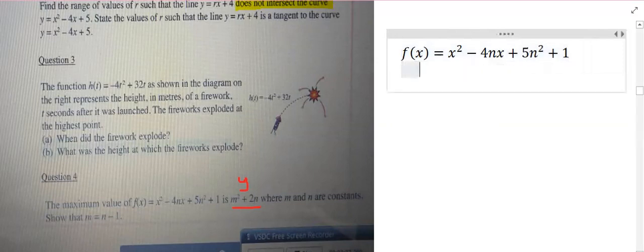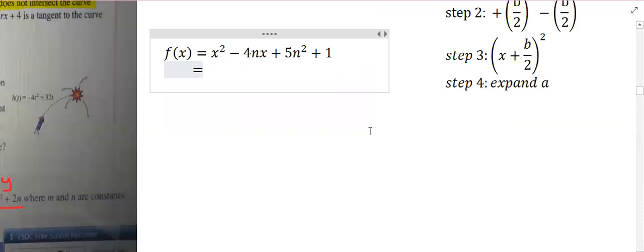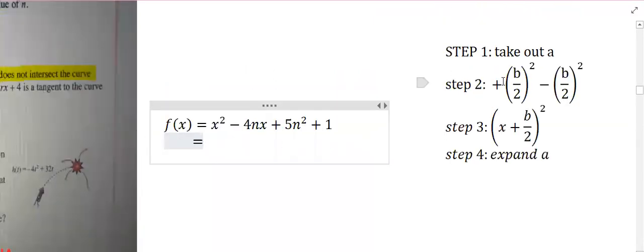Okay, first step, I need to take out my a, tapi tak ada kan? X square is 1 so no need to take out lah. So terus step 2, b per 2. What is the b? The b is negative 4nx. Okay, so yang ada x lah.